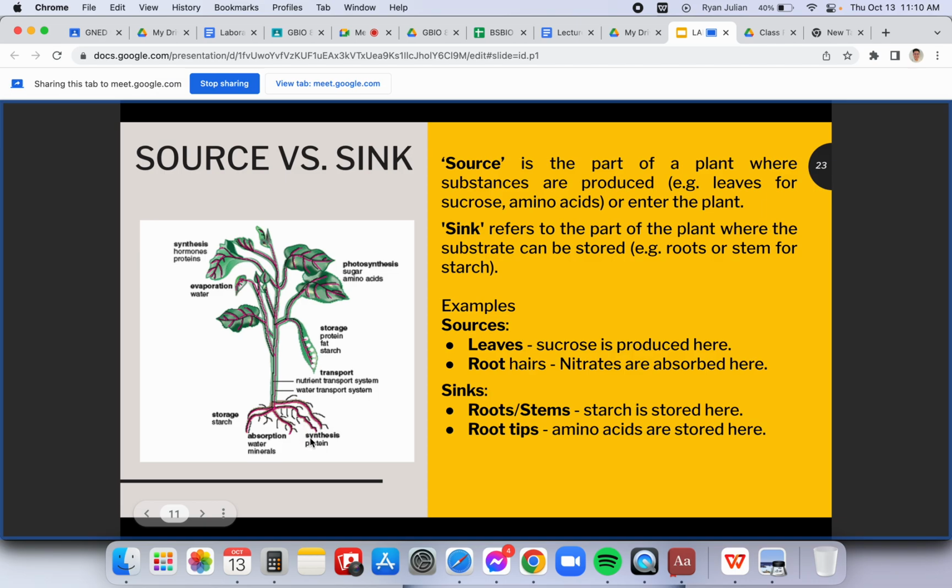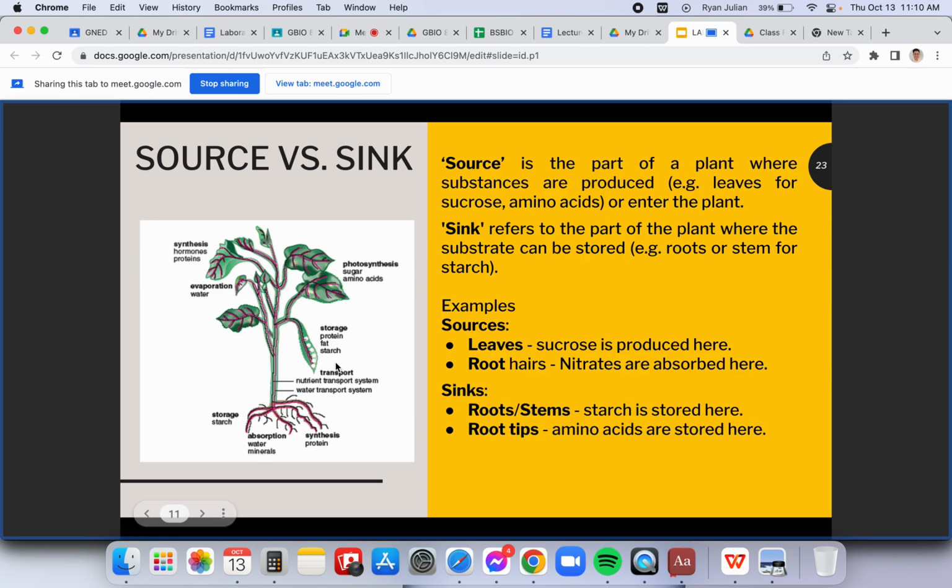This is where the synthesis of proteins takes place, and the absorption of water and minerals, which enables transfer to other organs of the plant. And of course, there is the storage of starch, which can be utilized for photosynthesis. And for the transport system, this is where the water transport system and nutrient transport system occur.